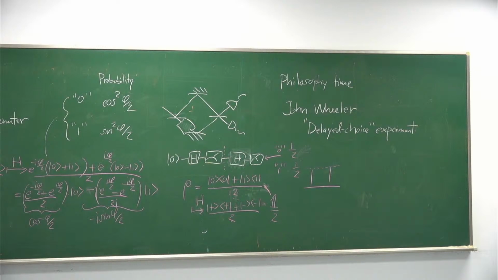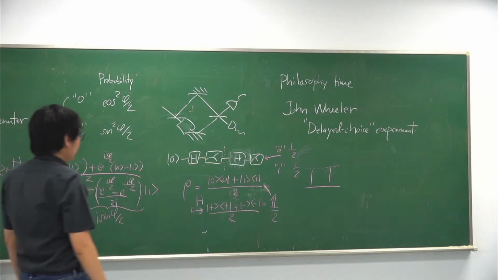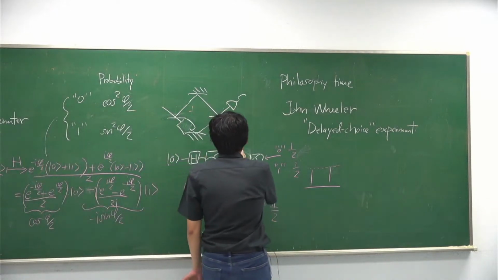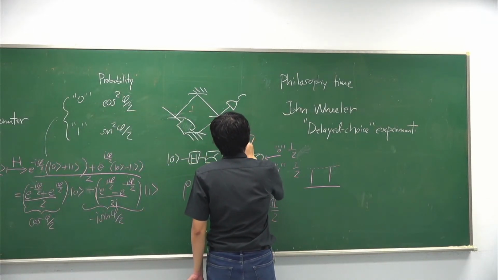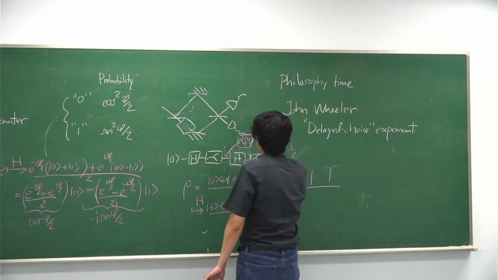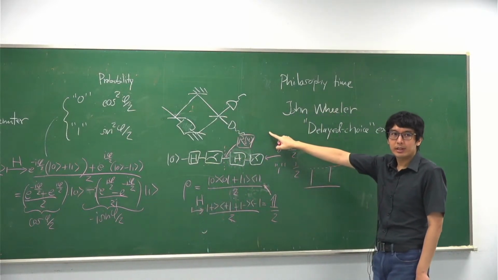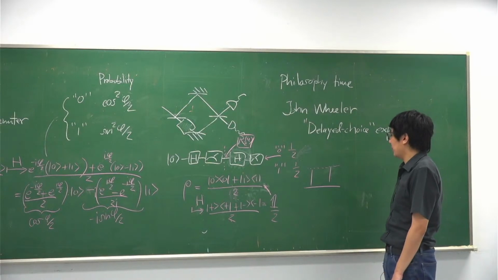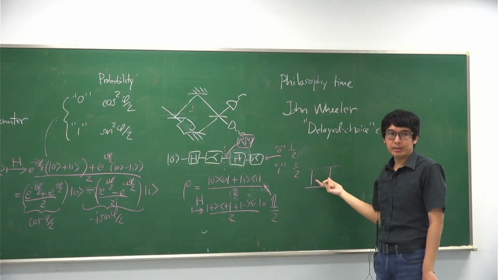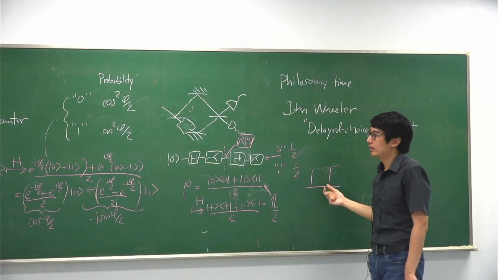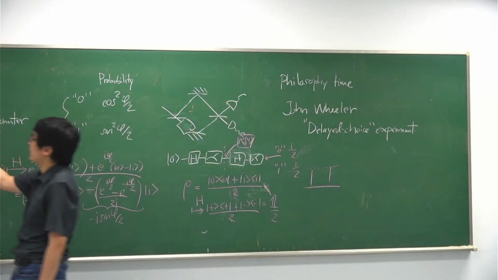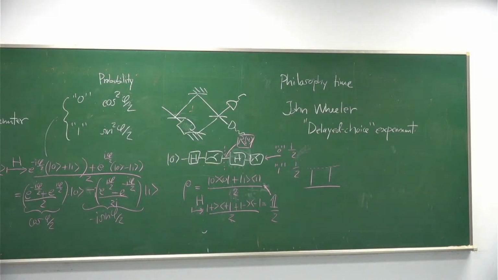So let's say I include the phase shifter here. Changing the phase doesn't change this distribution at all, whereas changing the phase here would change the relative height of the two peaks, right?